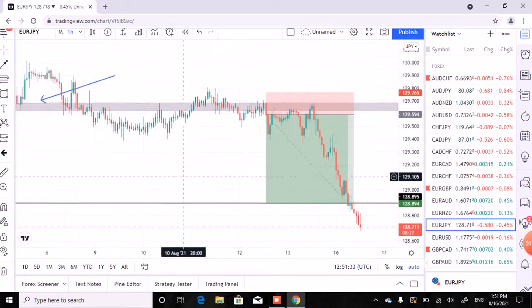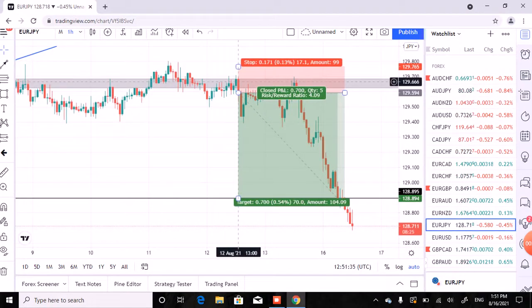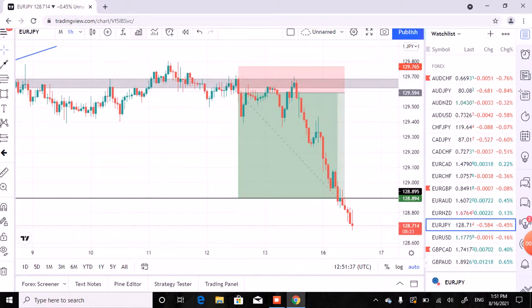Now after waiting, price finally formed a bearish engulfing candle here on the H1, because I like entering my trades on the 1 hour time frame. I don't like entering on the 15 minutes, because according to my strategy, the 15 minute signals are normally wrong. So I like entering on the 1 hour, solid 1 hour candles. So after this closure, I got in the trade.